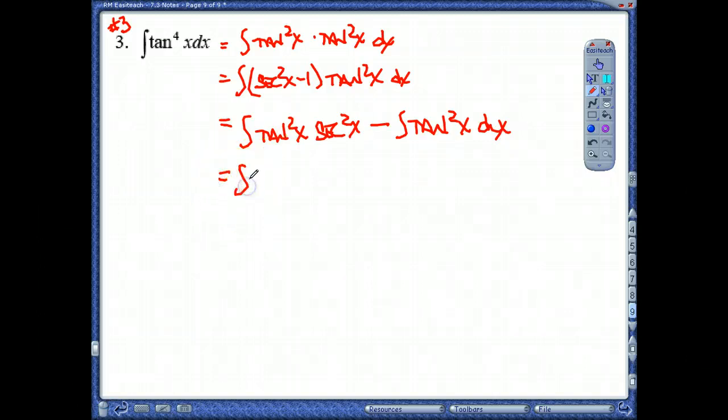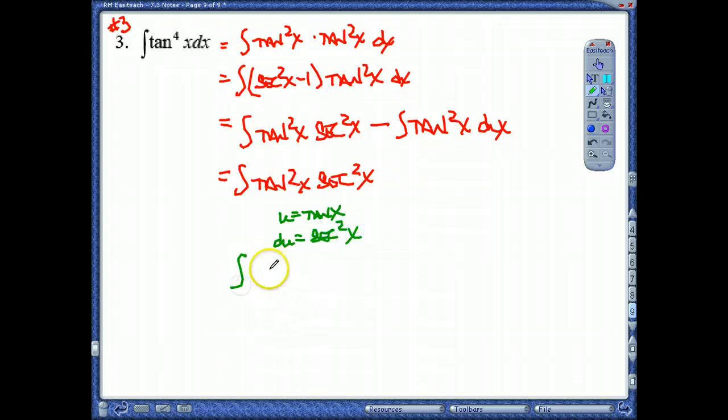Now this one is, believe it or not, ready to go. I'm going to use a u substitution. I'm going to use the u as tangent, because I have his derivative, which is secant squared. And this little guy becomes u to the second du.